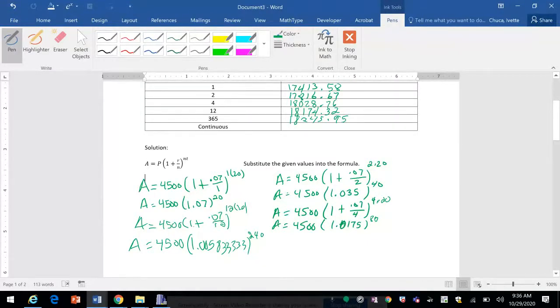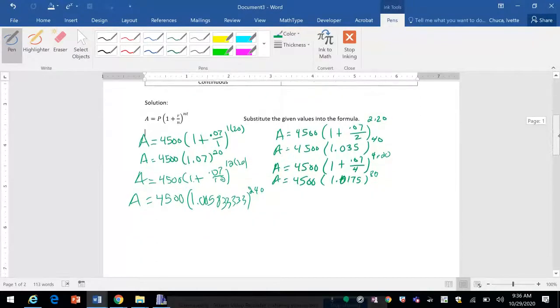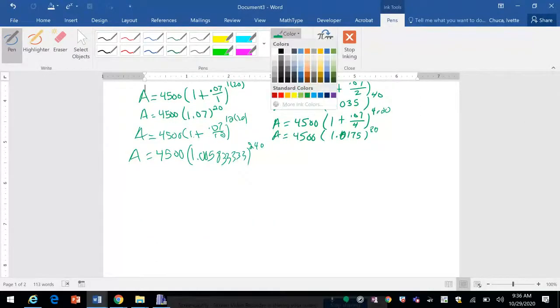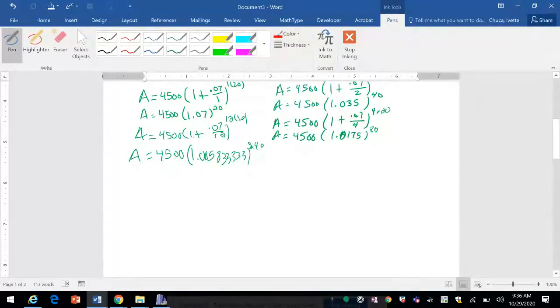For continuous, you want to use a different formula, which is A is equal to P e to the RT. So here we still know that P is 4,500. The rate is still 0.07 and the T is 20.